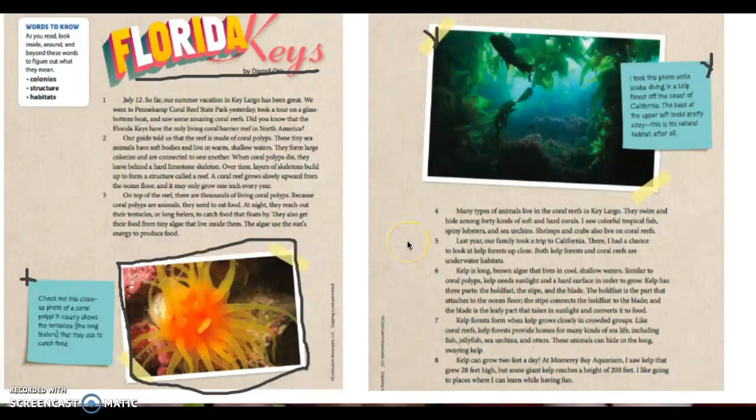Before they are talking about the different coral reefs, and then they begin talking about the kelp in California. So looking at the two text features of illustrations, I see that there are two things that they're talking about. When they talk about the coral reefs and when they talk about the kelp, they are comparing and contrasting these kelp and coral reefs. So if your group said this was compare and contrast, that is correct.